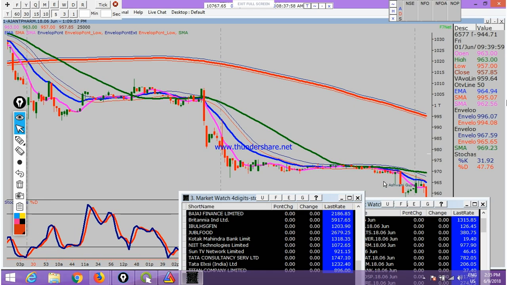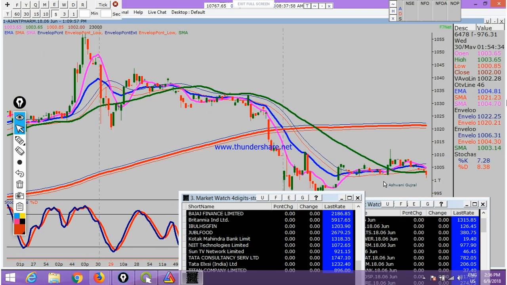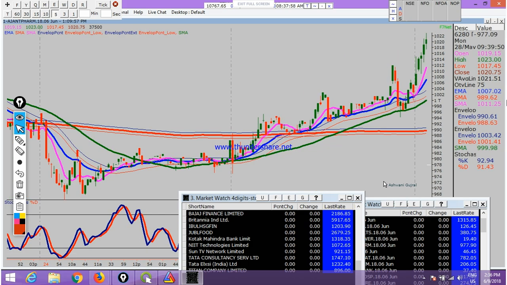Now you would say, you said that if there is a plunge we should buy. You should buy only if the stock shows a strong reversal candle. If it does not, you should not buy.